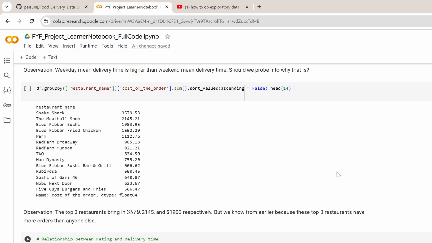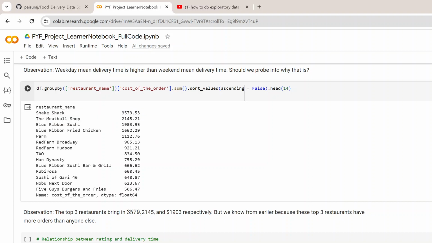So I wanted to actually take a look at the restaurants and see which of them usually have the highest cost of order summated. If we recall, I'm pretty sure these were the top five restaurants.